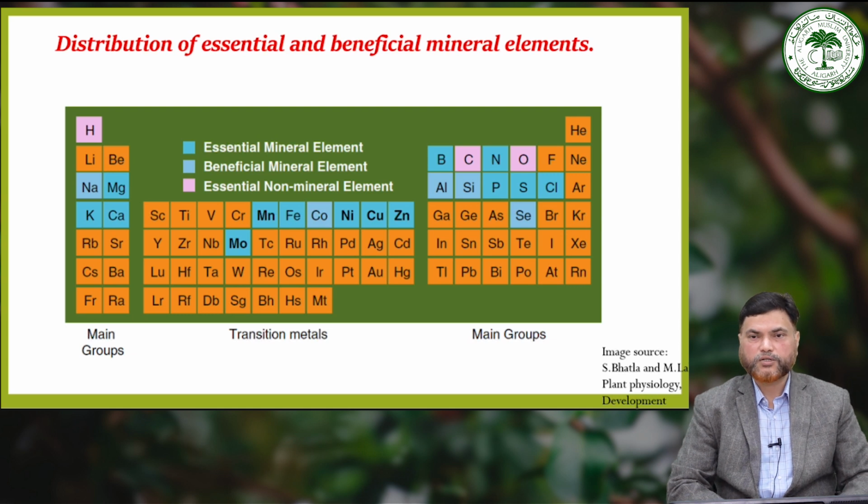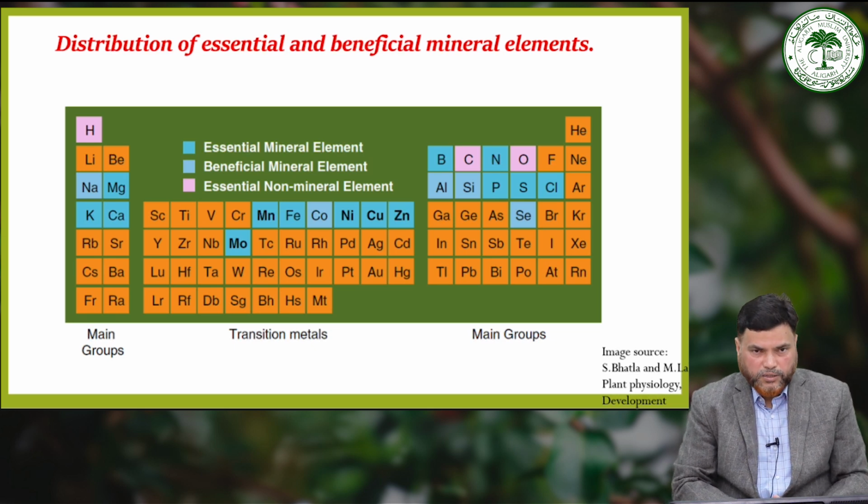This table shows the relative distribution of various elements in the earth's crust, and like in the periodic table, a specific color is given for essential mineral elements that could be identified, and in addition to essential mineral elements there are beneficial elements, which are beneficial for some plants but not required by other plants.